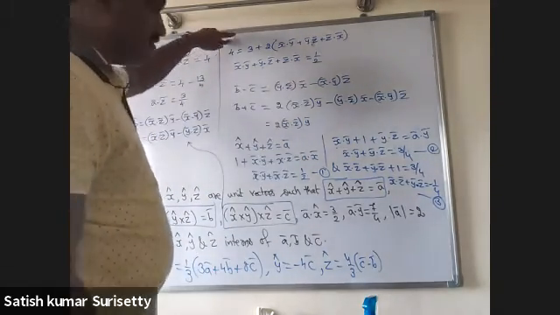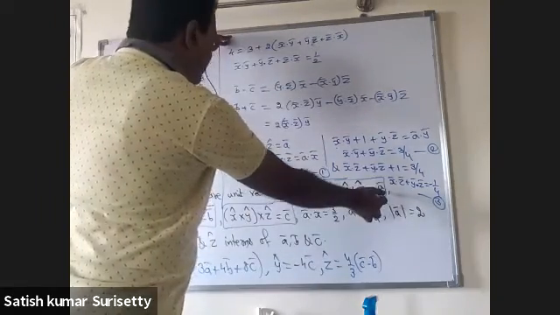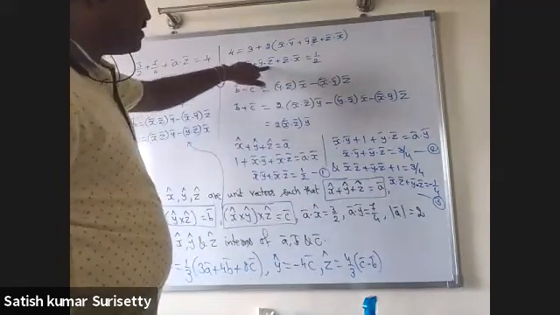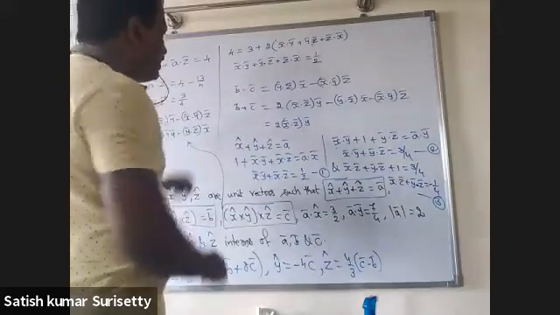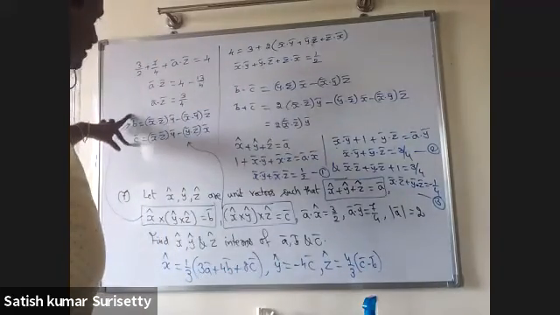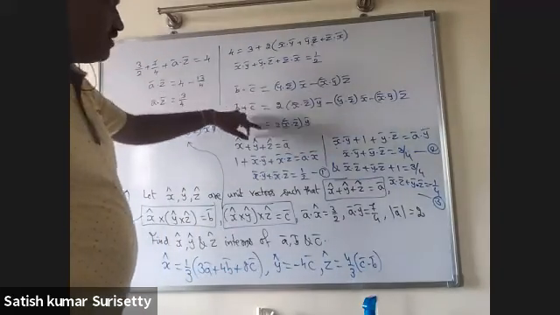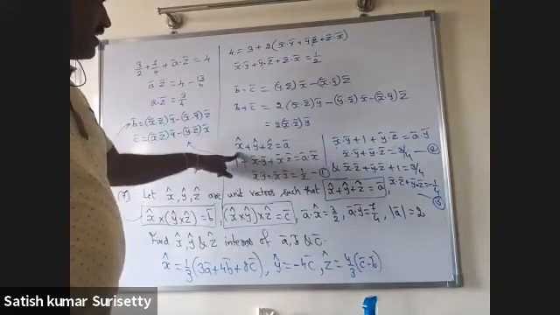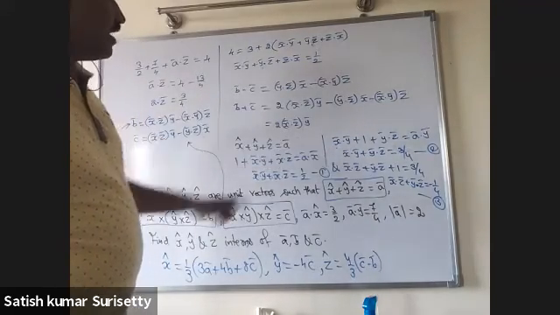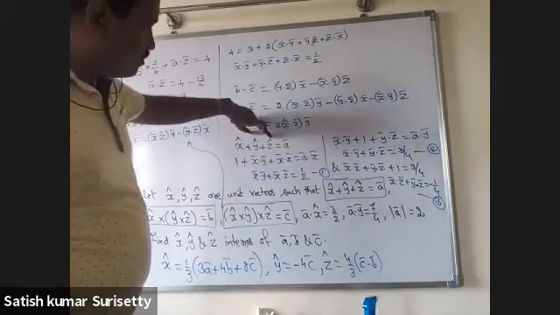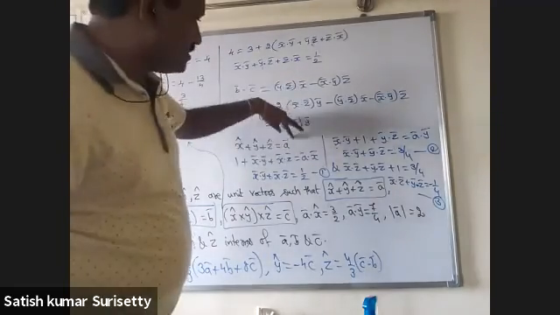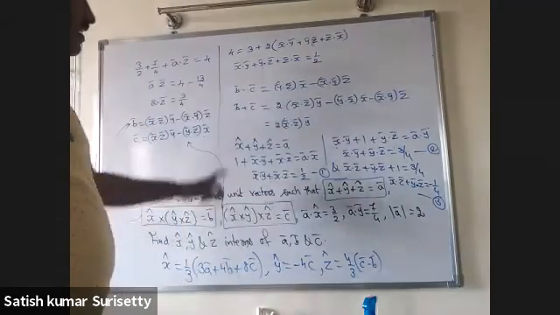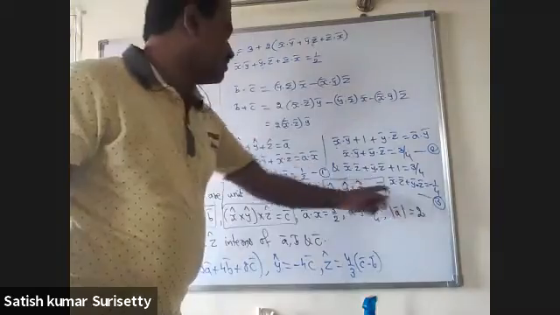So if I take modulus of a bar whole square, then I'll get x dot y plus y dot z plus z dot x equal to 1 by 2. Next, if I subtract and add, then I'll get these two equations. Now for x cap plus y cap plus z cap equal to a bar, you take the dot product with x on both sides, with y on both sides, with z on both sides, then you'll get 3 equations.